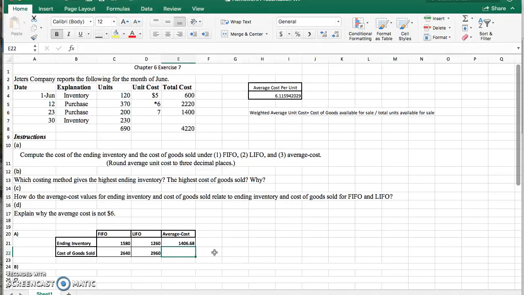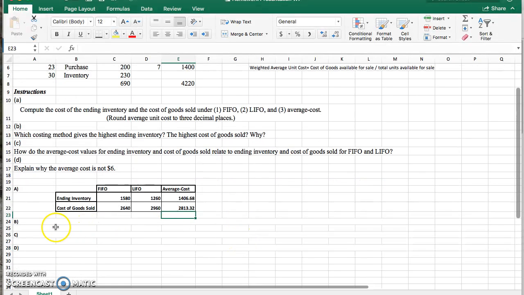And that gives us $1,406.68. To get our cost of goods sold, we take our cost of goods available for sale and subtract our ending inventory cost, which gives us $2,813.32.